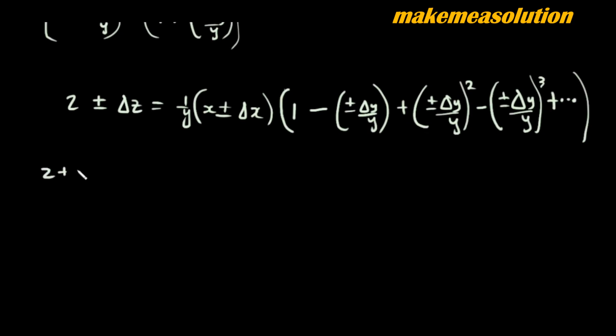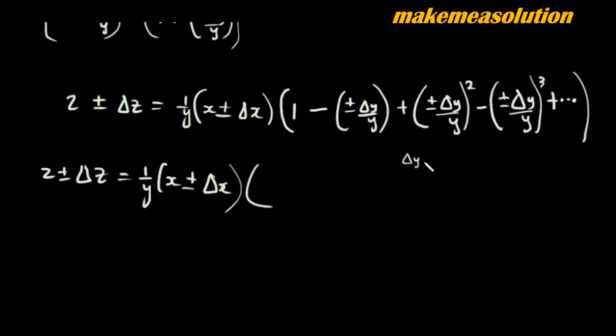So our z plus minus delta z is 1 over y and x plus minus delta x. Then something interesting happens here. Now you need to know that this quantity over here, delta y, is extremely small. Now what will happen to delta y squared? It will be smaller. Delta y cubed will be smaller.